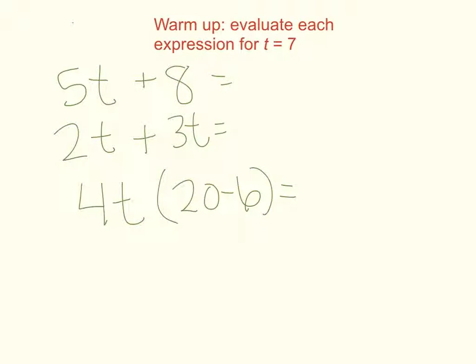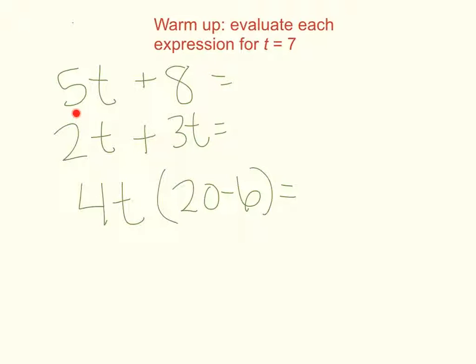Okay, so hopefully you've solved them. Let's go ahead and check your work. So looking at this first equation here, 5t plus 8 equals something. When we evaluate, we solve the expression. So t in this situation is going to equal 7. T is our variable, okay? Remember that our variable, t, is in this situation being times by our coefficient 5.